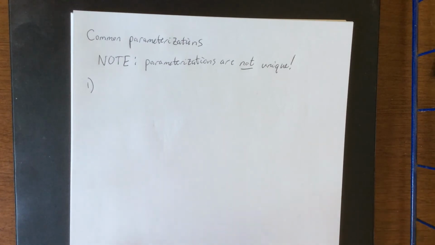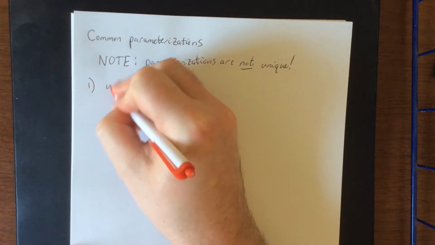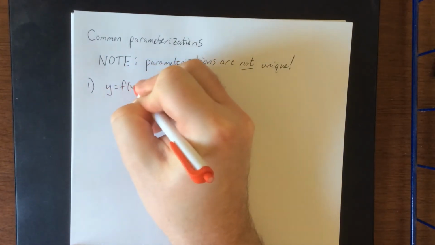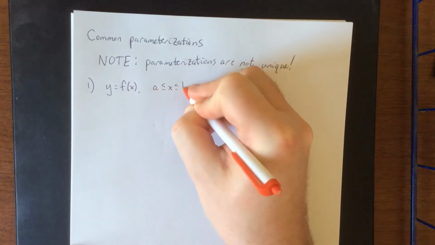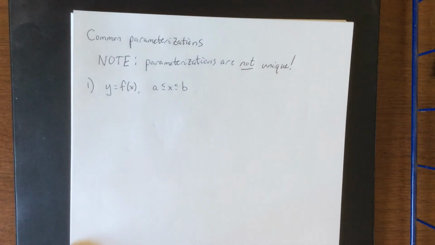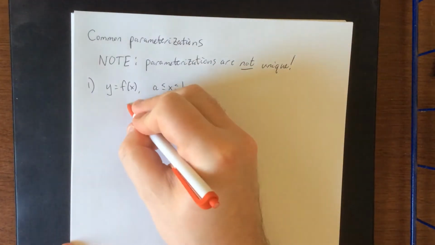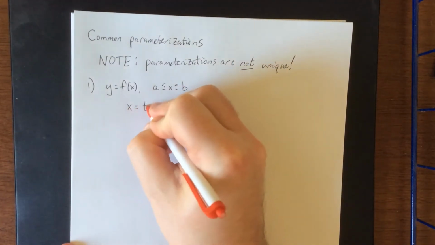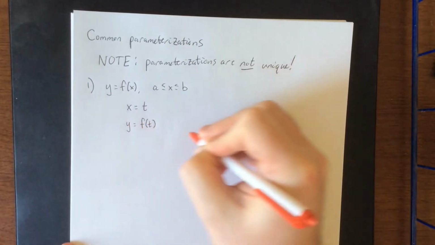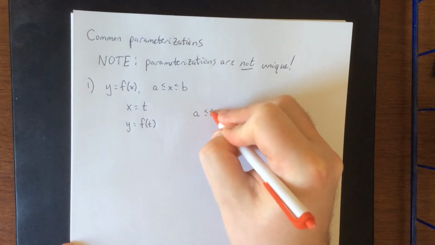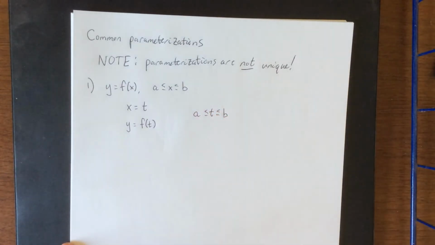So first one is anytime we have y as a function of x with a certain domain associated with x. Very common parameterization to do in this case would be to simply allow x to be equal to t, and then plug that in and allow y to be f of t. Then you can simply say that t is going to go from a to b.